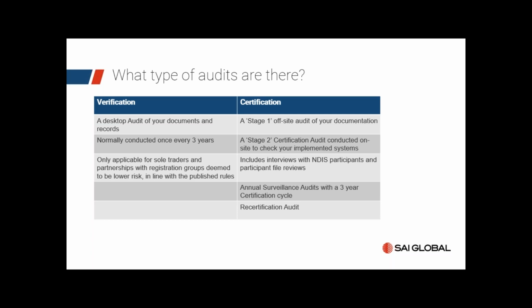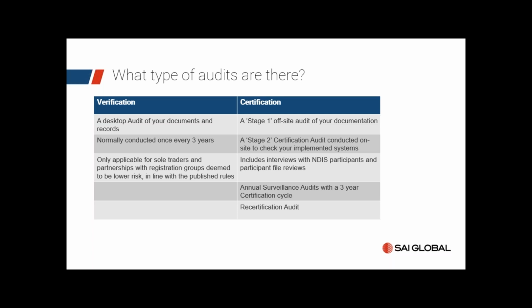A verification is normally conducted once every 3 years and is only applicable for sole traders and partnerships delivering low-risk registration group services. Those published rules, the link that we referred to earlier, will show a table that indicates whether you need verification or certification.